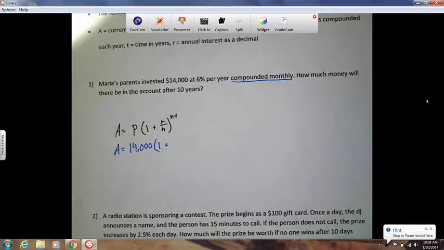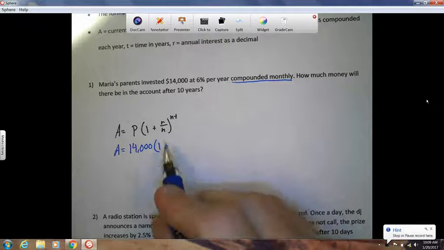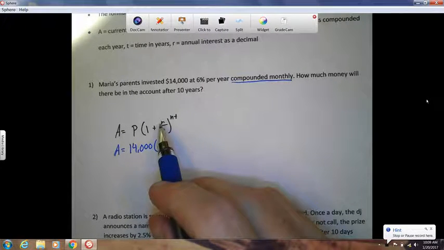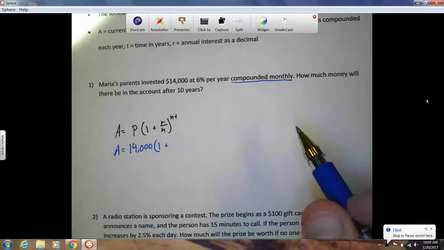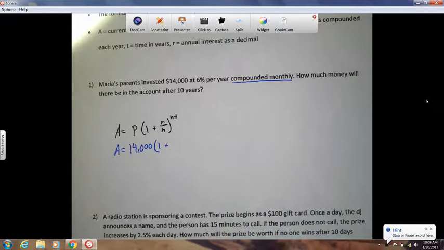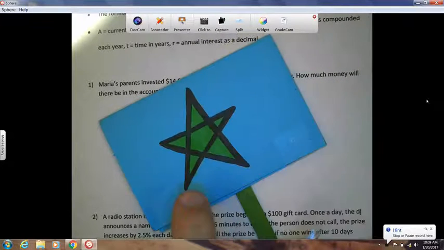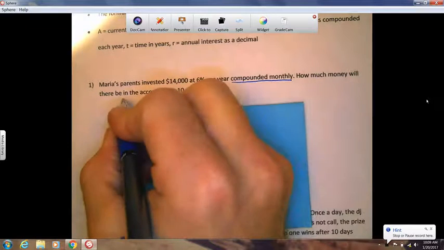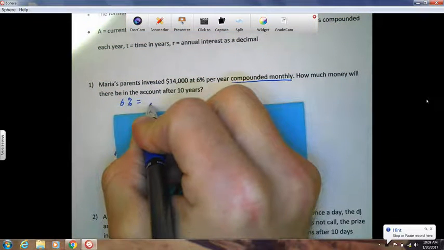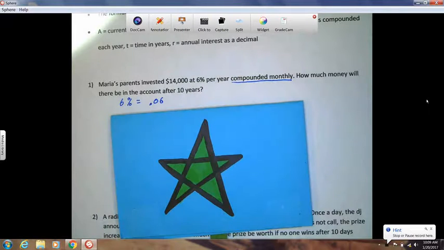And then I have R. So remember that R is the annual interest as a decimal. So here's something to watch out for. Make sure you do the decimal correctly. So I have 6% interest, but that's 0.06 whenever I move it to a decimal.